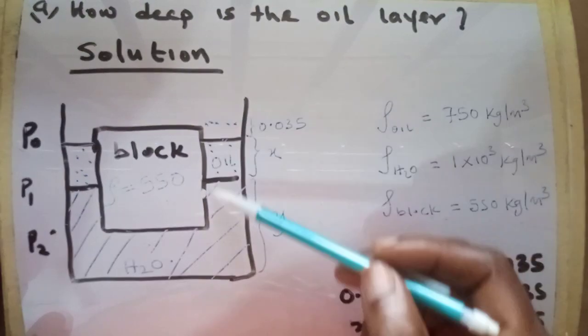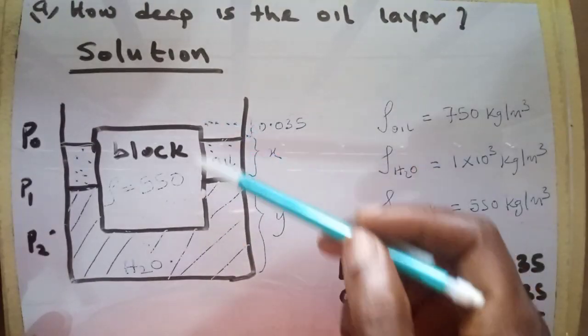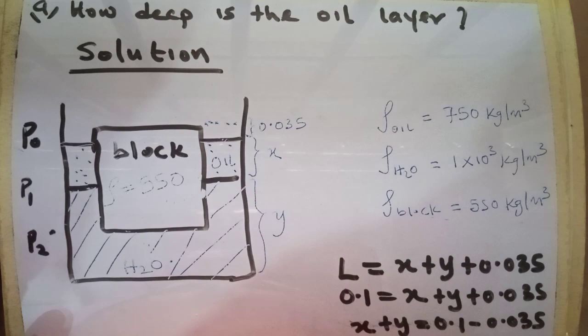Because it's cubical, the entire length of the block is L equal to X plus Y plus 0.035. But L is already given to be 0.1, which is equal to X plus Y plus 0.035. So X plus Y will now be equal to 0.1 minus 0.035.